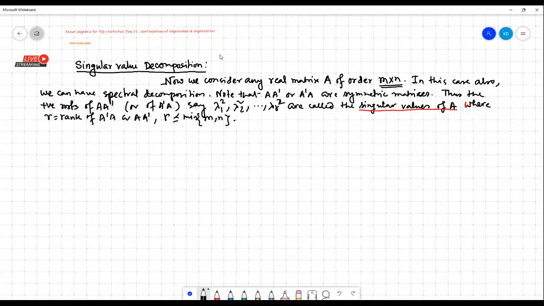And here I need to mention that we consider a real matrix of order m cross n with rank of A equal to r.